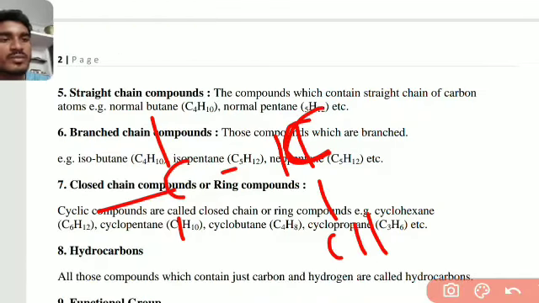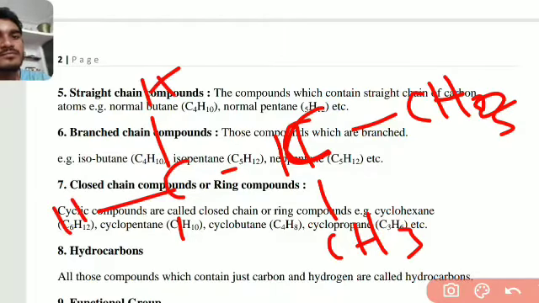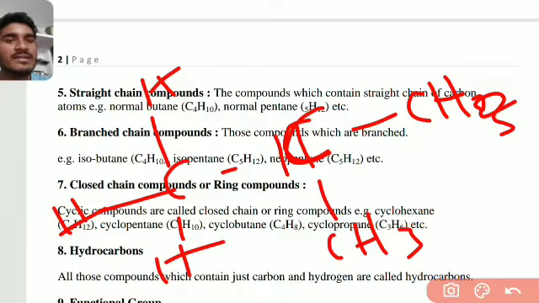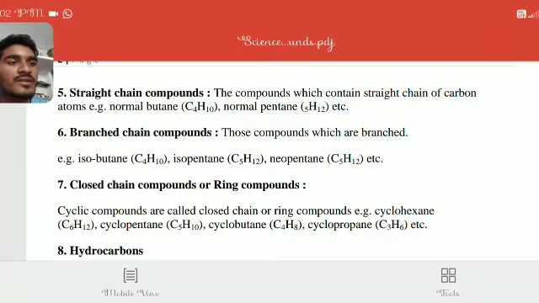Here other group, here methyl group, or CH and CH3. Okay, this is another example for branched chain compounds. Okay, next the examples are isobutane and neopentane.